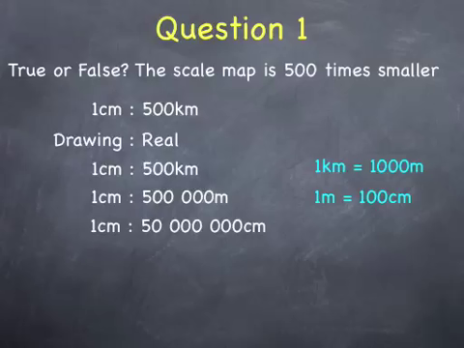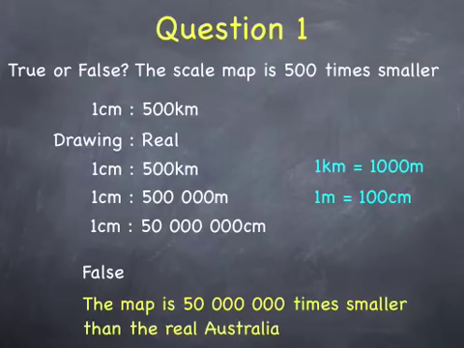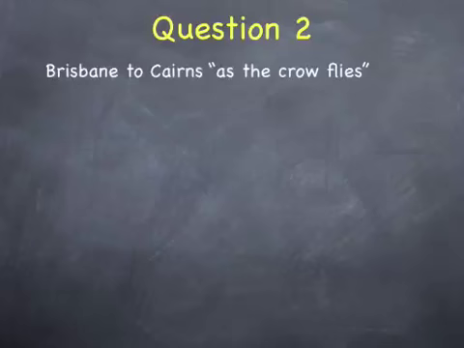But the answer to your question 1 is false. It's not 500 times smaller. It's actually 50 million times smaller than real life, than the real Australia. Okay, so just be aware, because of the units, centimetres and kilometres there, it's not just 500 times smaller, it's a lot more.